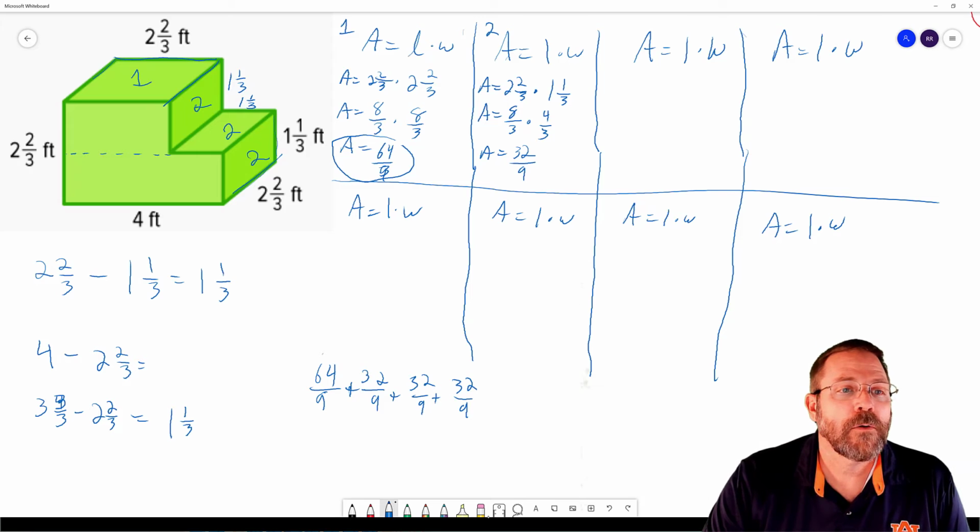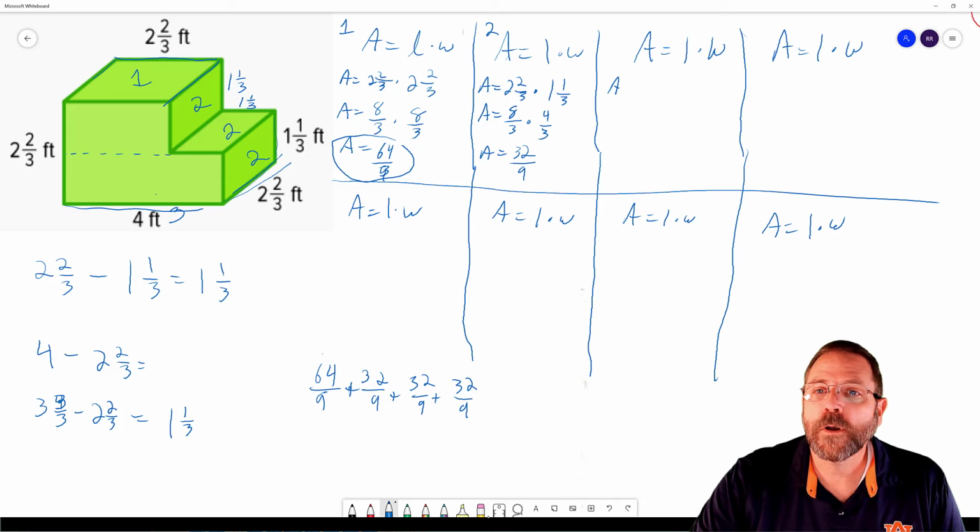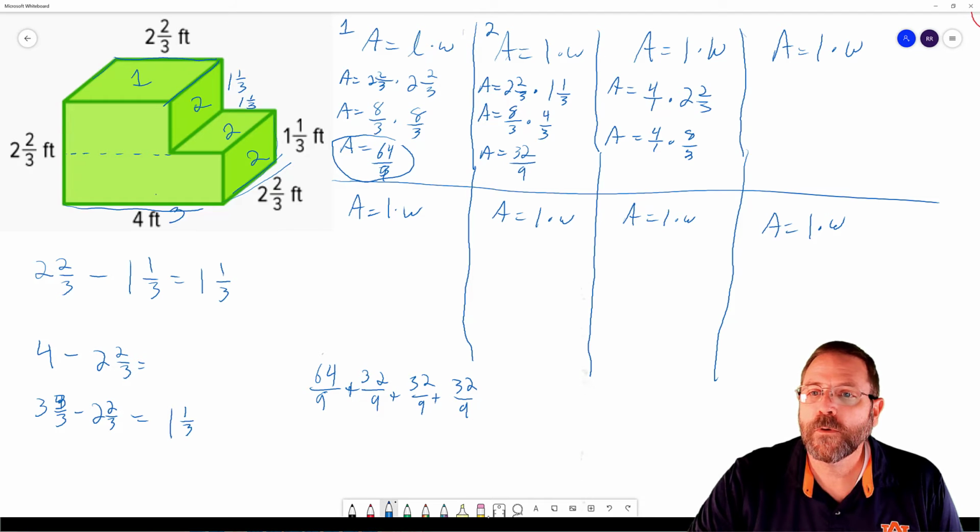The next rectangle I'm going to do is going to be the bottom, and I'm going to call that bottom down here rectangle 3. It's going to be 4 by 2 2/3. So area is equal to 4/1 times 2 2/3, which means it's going to equal 4/1 times 8/3, which means it's going to equal 32/3.